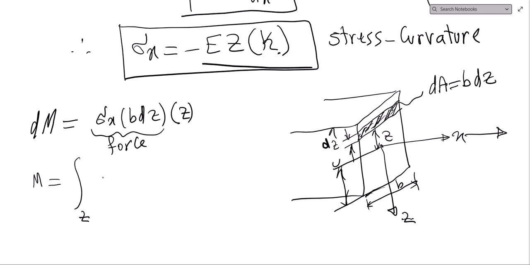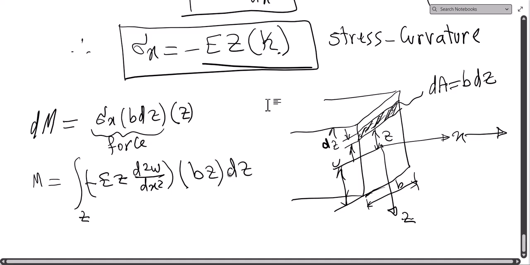And then my sigma x is minus E z d2w/dx2, times b z dz.